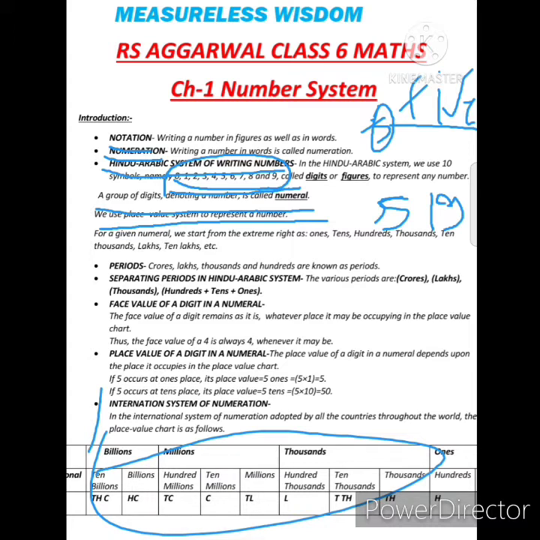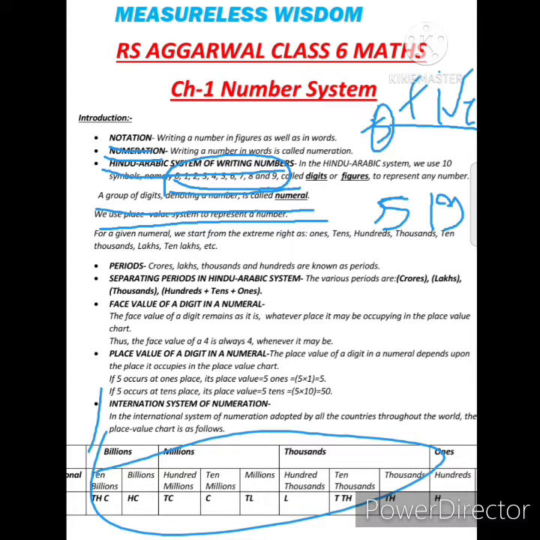So our next topic is: for given numerals, we start from the extreme right as ones, tens, hundreds, thousands, ten thousands, lakhs, ten lakhs, etc. It is the form in which we can write this.